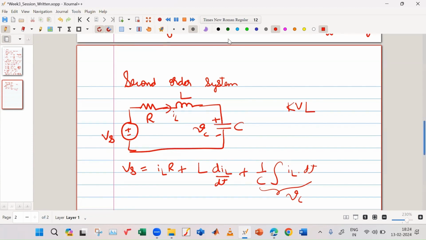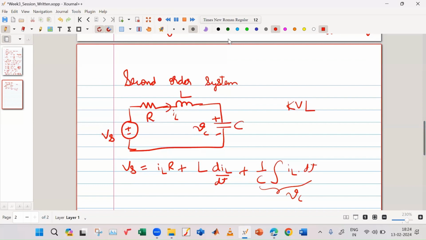So is this a first order or second order? What is the order of this equation? Second order. But there's no d2 by dt2 term. If we differentiate the entire equation, then the integration gets cancelled and the differentiation becomes double differentiation.